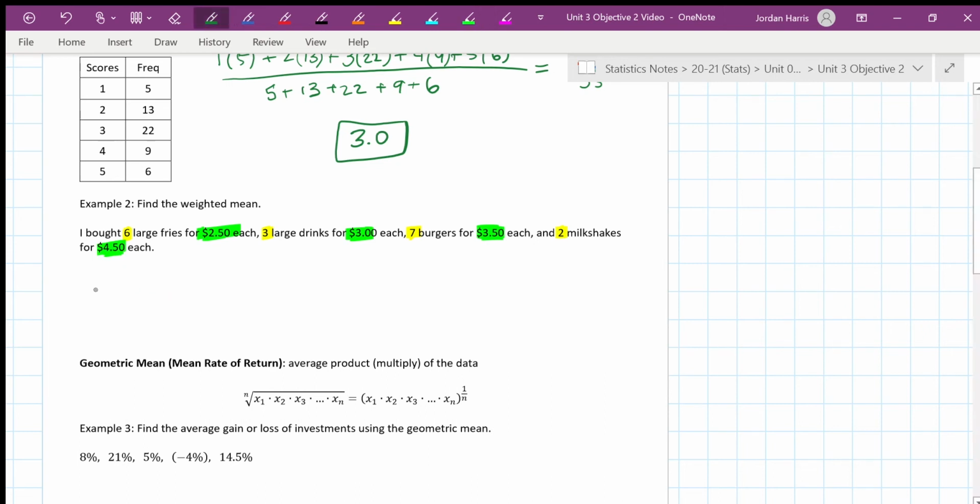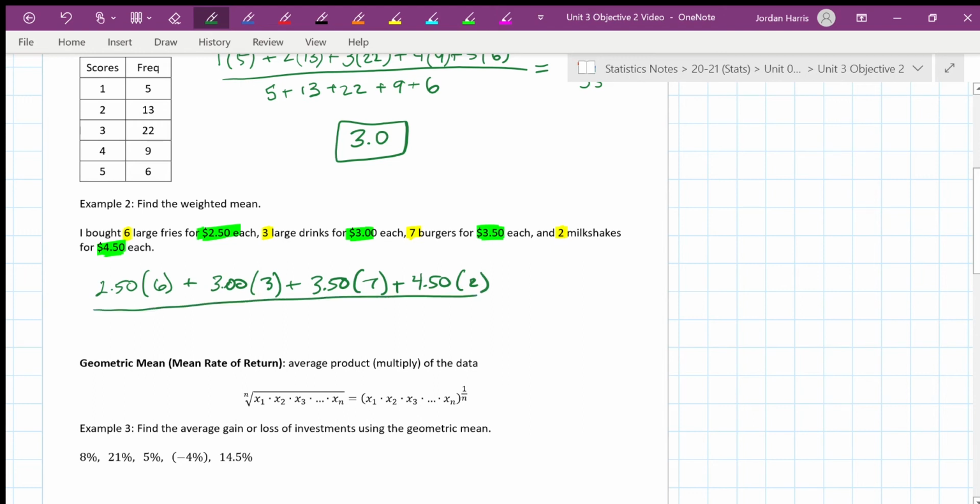So we have $2.50 times its frequency plus $3 times its frequency plus $3.50 times its frequency plus $4.50 times its frequency over the sum of the total number of items. We had 6 plus 3 plus 7 plus 2.